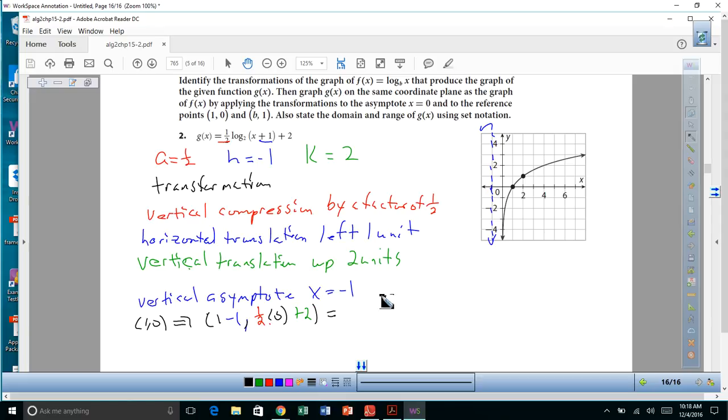So 1 minus 1 is 0. 1/2 times 0 is 0, plus 2 is 2. So we got 0, 2, and that's going to be right there.